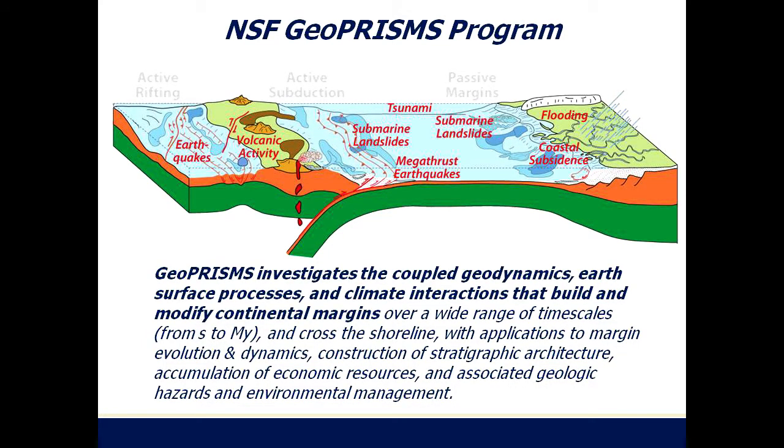The key reason the National Science Foundation funds the GeoPRISMS program and the program before it called Margins is that within the bureaucracy of NSF, there's really no clear place to go to get money to study processes that occur both onshore and offshore, so systems that cross the shoreline.